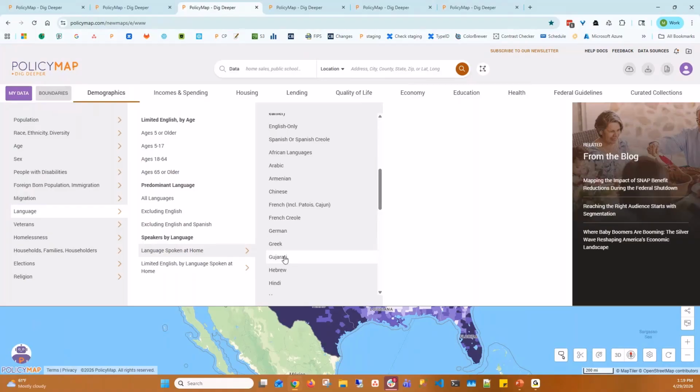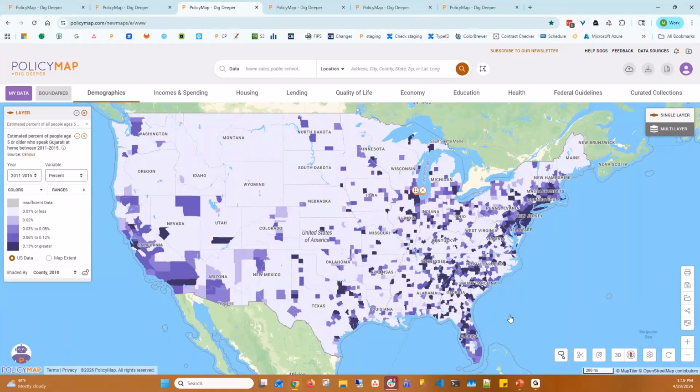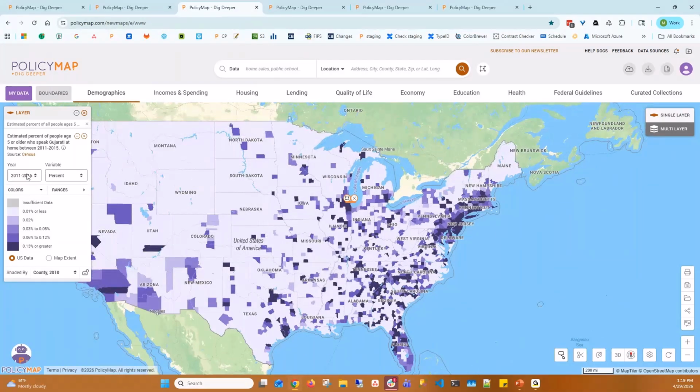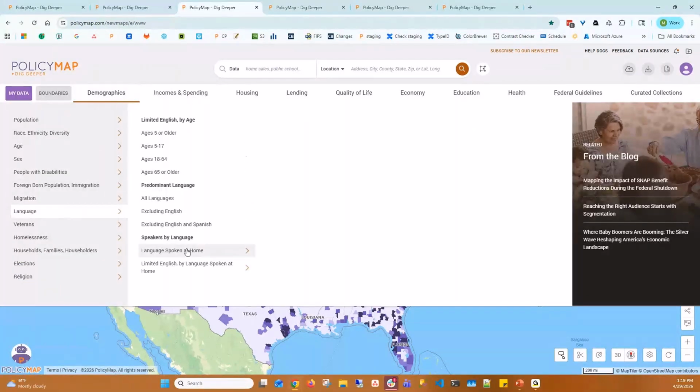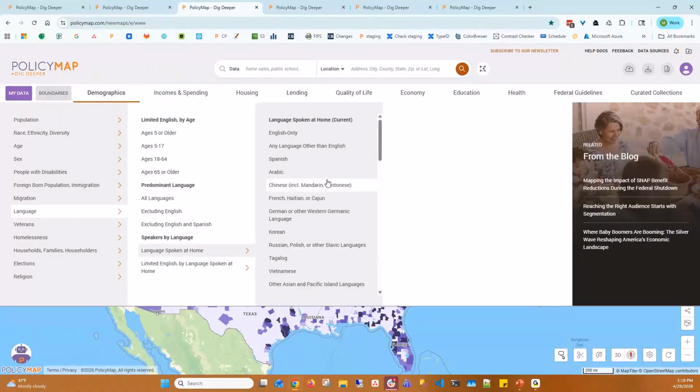So for example, Gujarati or French Creole, these are languages that are not spoken that widespread, but you can understand the specifics, knowing that this data is out of date, if you were interested in Gujarati. The more current language tables only provide these languages, as you see here.